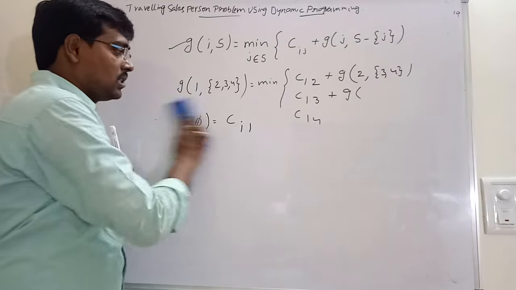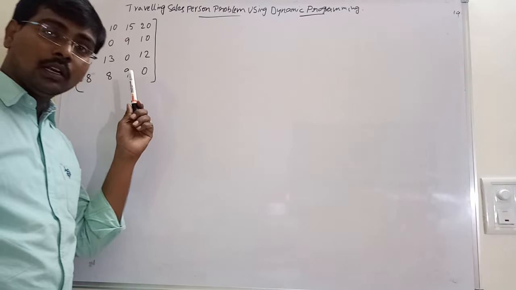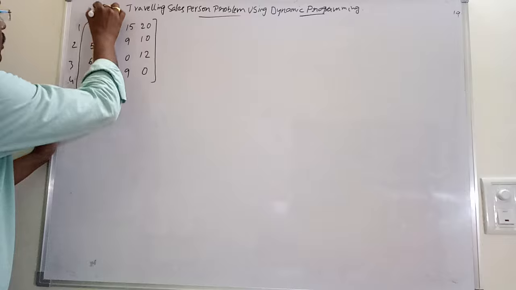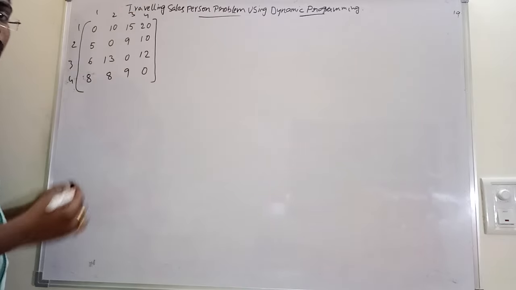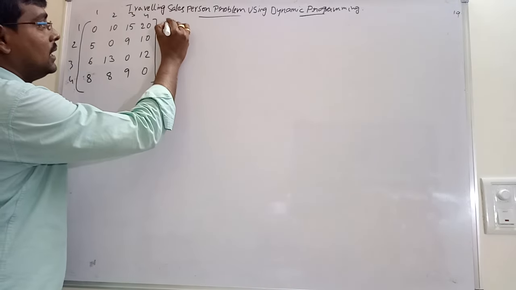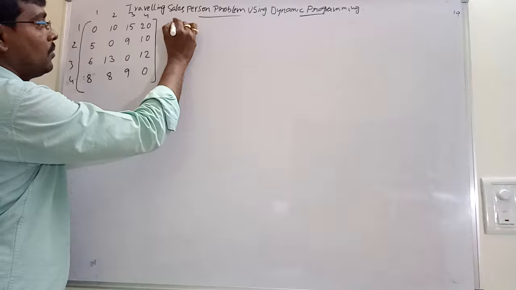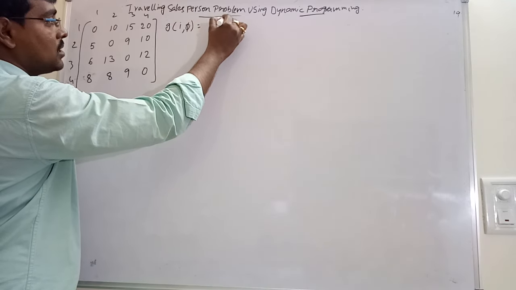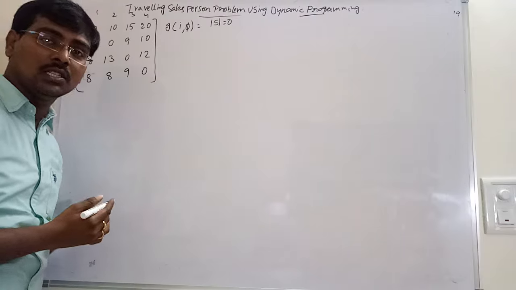Now consider an example with vertices 1, 2, 3, 4. Initially calculate g(i, empty set), that is, |S| equals 0, where the set contains no elements.